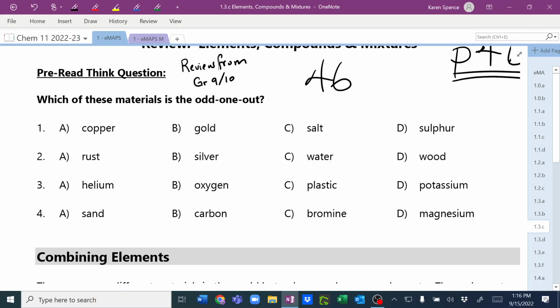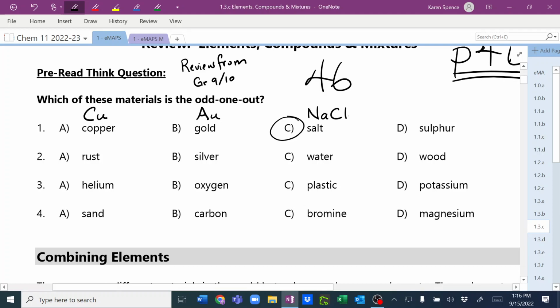Okay, so we have salt, yes. Why did you choose C? It's not an element. Copper, Cu. Gold, Au. Salt, our most famous salt. Does anyone know the formula of our most famous salt? NaCl.